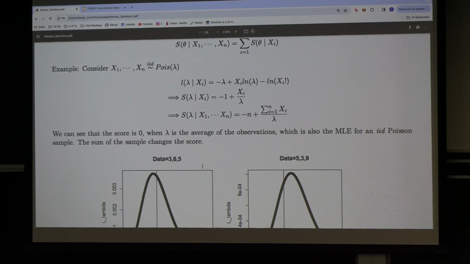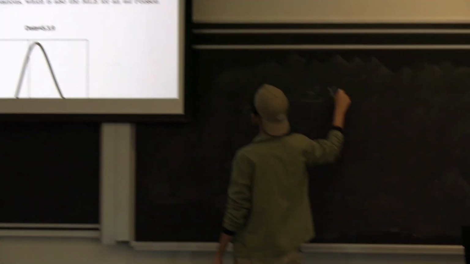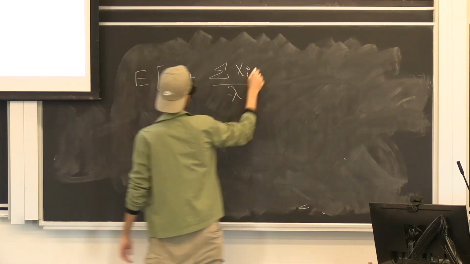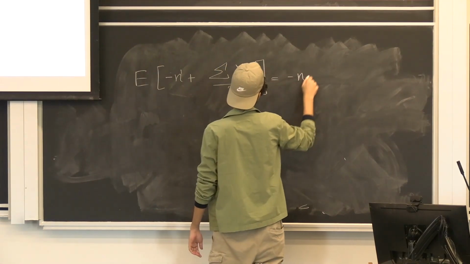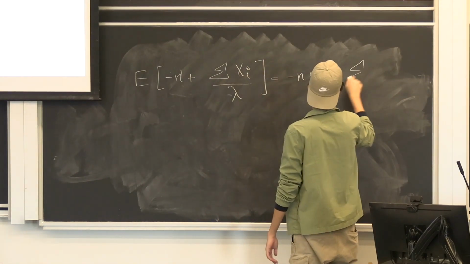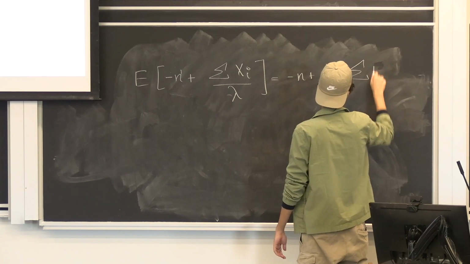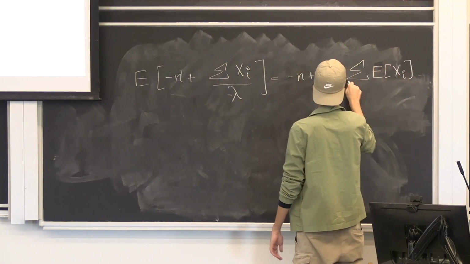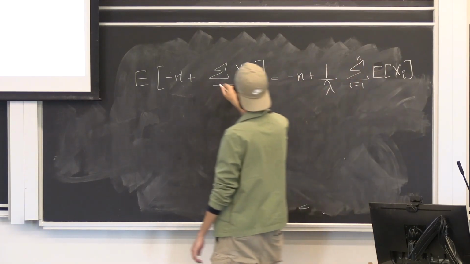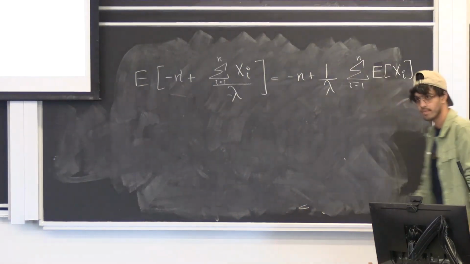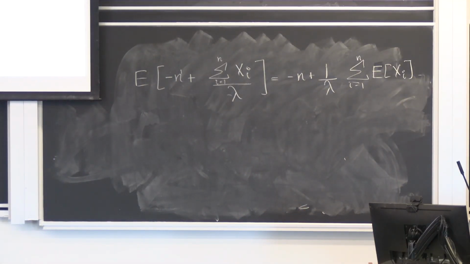So let's see. The score is minus n plus summation xi over lambda. What is the expected value of this? It's minus n plus 1 over lambda, summation of expected value of xi. What allows me to do this? Well, it's a summation, right? I can break it apart. Cool.